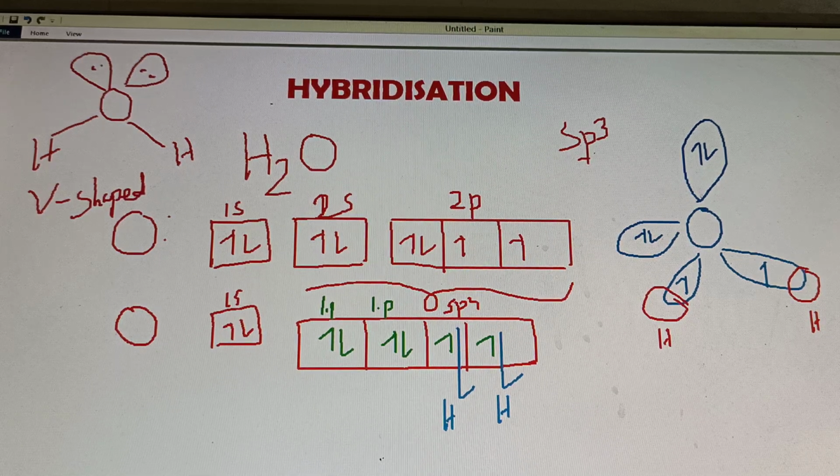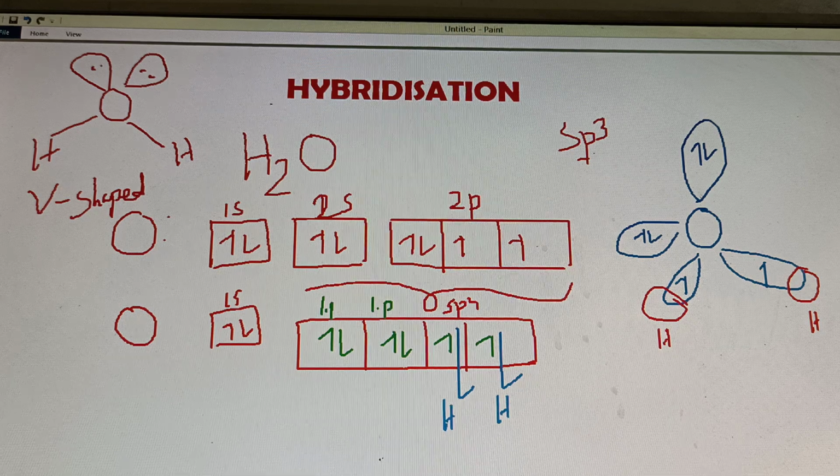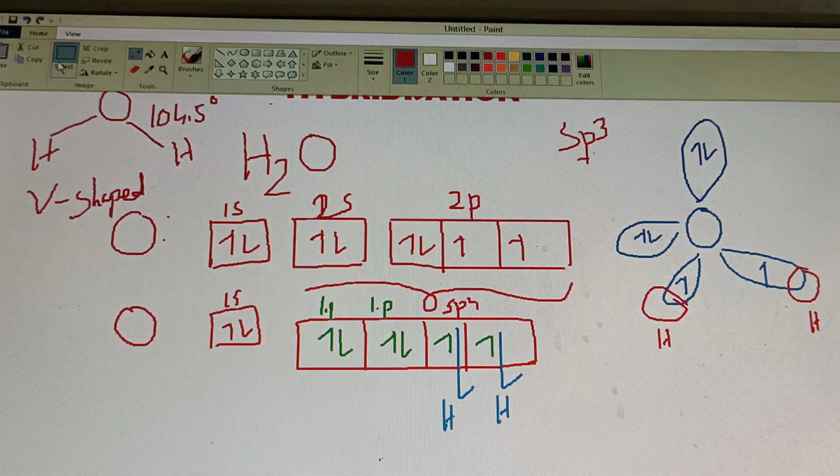And what is the bond angle? Again here there are two lone pairs, so there will be more repulsion, and the bond angle will be reduced to around 104.5 degrees. Clear?